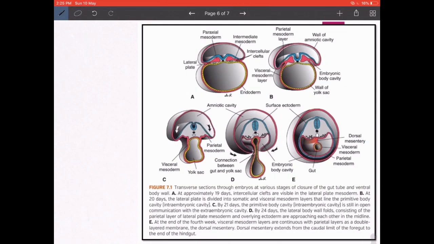Before we even start that, I want to tell you what exactly happens because of the arising of the intra-embryonic coelom.